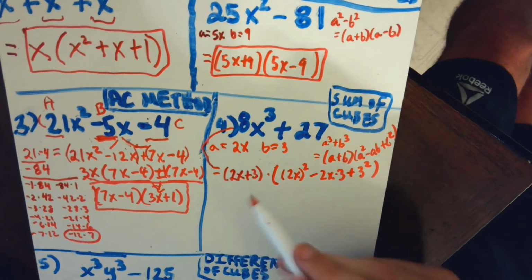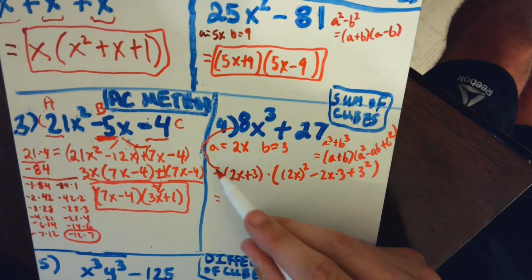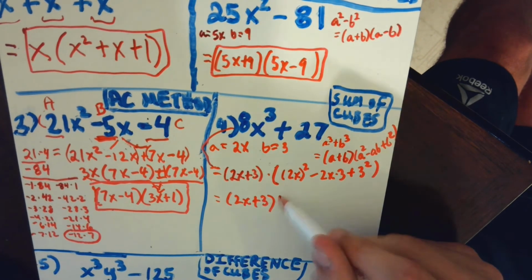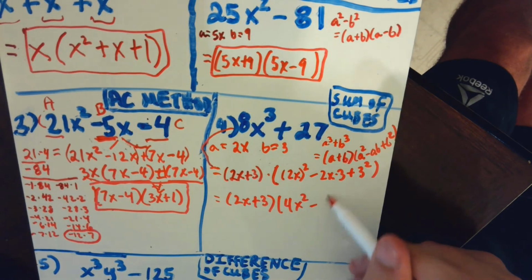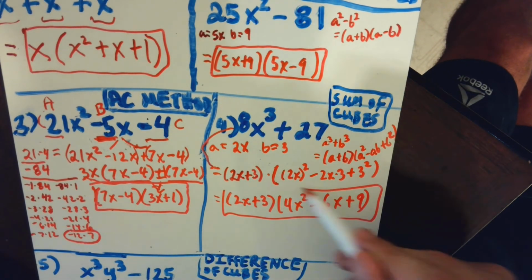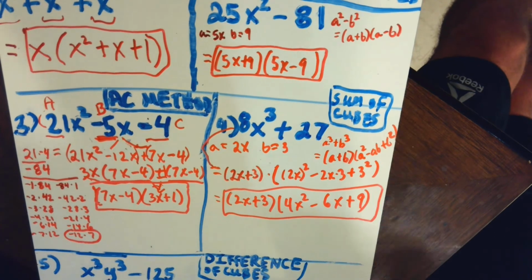And now what I'm going to do is I'm just going to simplify this. So this is the same thing as 2x plus 3 times 4x squared minus 6x plus 9. Now this is fully factored via the sum of cubes formula.